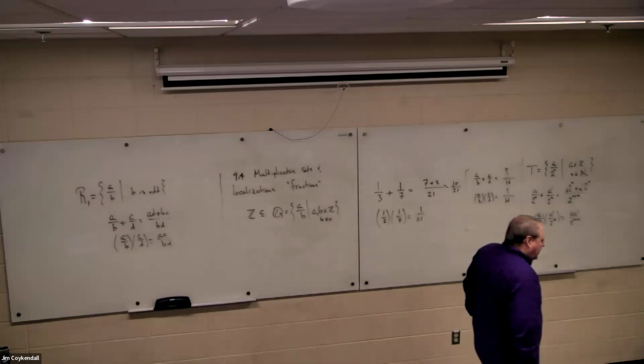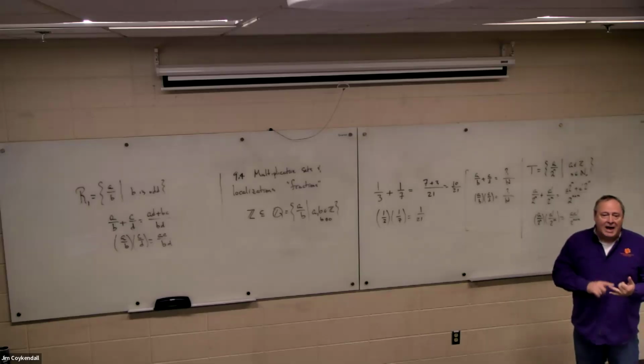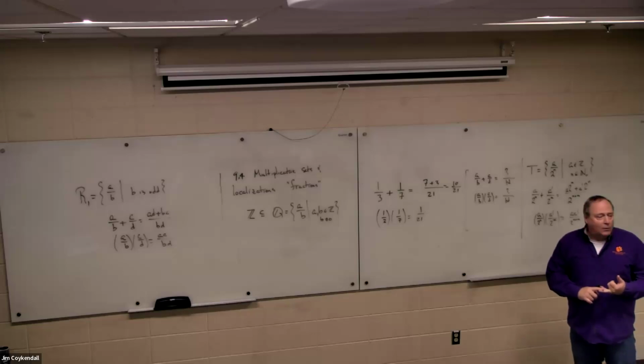So you introduced multiplicative sets in the homework. There's a reason. Actually, multiplicative sets reveal a lot of information in a commutative ring with identity. They reveal information about prime ideals, a surprising amount about prime ideals, and they allow us to build these rings called localizations.